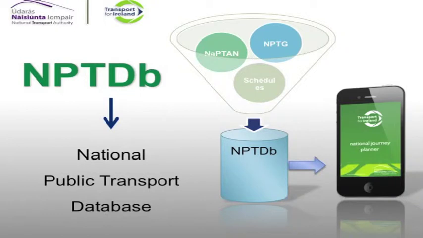So having gathered NaPTAN and NPTG, we also took the timetables and schedules, and we put all that into the National Public Transport Database. And one of the things we did with that was build a national journey planner. And that's available, it has been available since June as a smartphone app or a website.